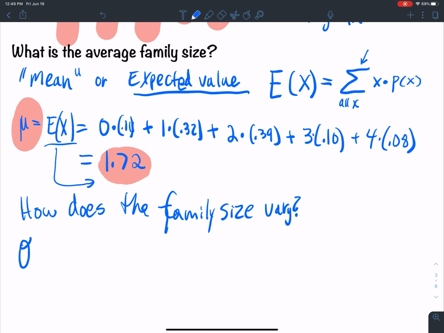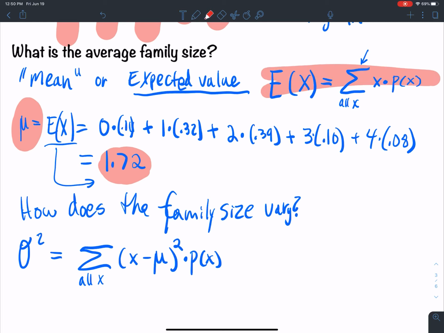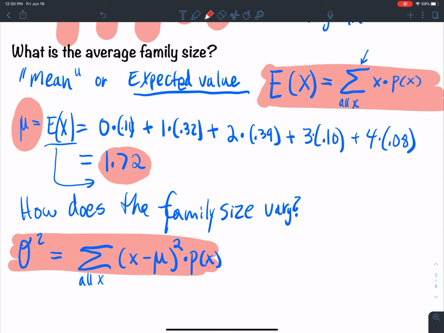And the variance is sigma squared equals the sum of x minus mu squared times the probability of x. So it's the deviation squared multiplied by the corresponding probability over all x's. Okay, so these are my two formulas right here. And that's for variance.